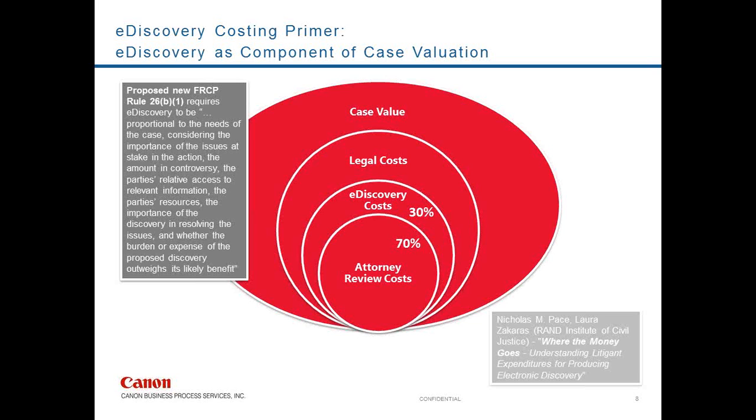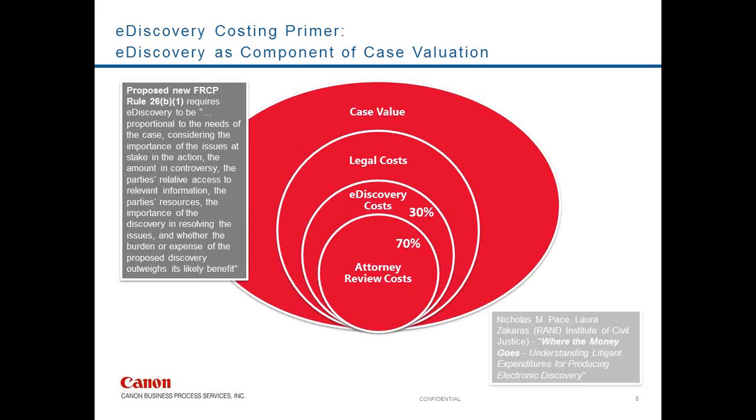Legal costs must be considered in this, and I quote proposed new Federal Rule of Civil Procedure 26(b)(1), which is a somewhat pro-defendant attempt to bring to the forefront proportionality in the consideration of e-discovery costing and e-discovery burden for defendants.